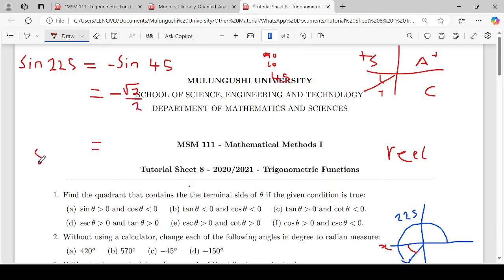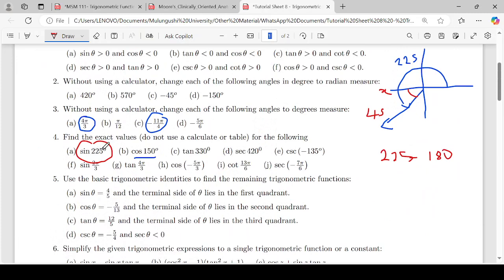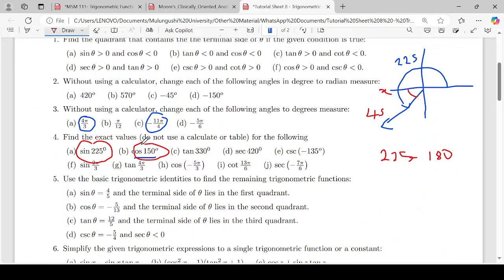So I've answered sine 225. Sine 225 is negative root 2 over 2. Okay, so that was it. We've answered this. Make sure you practice, and consult where you are not so clear.